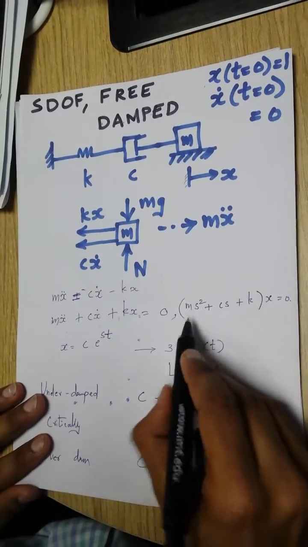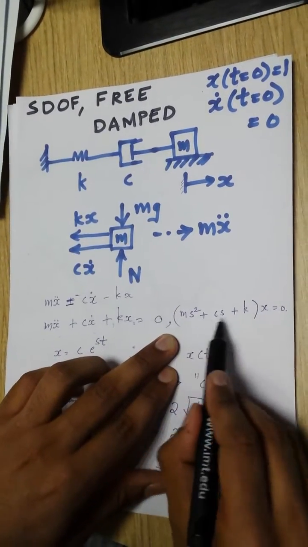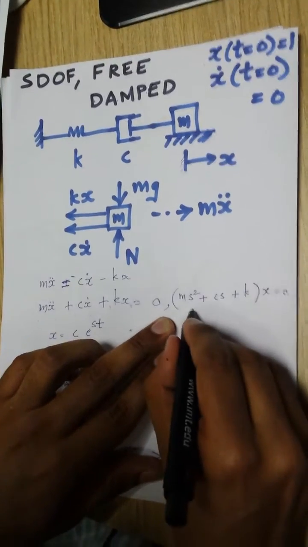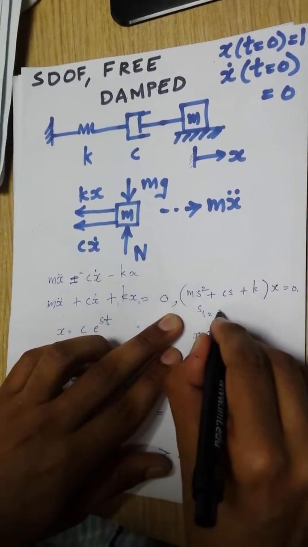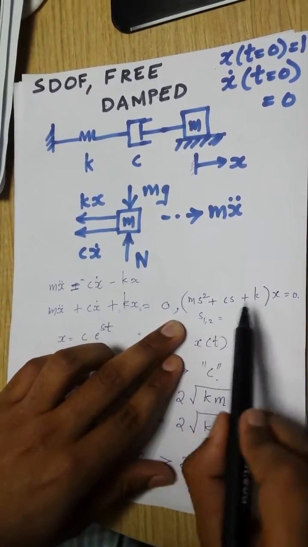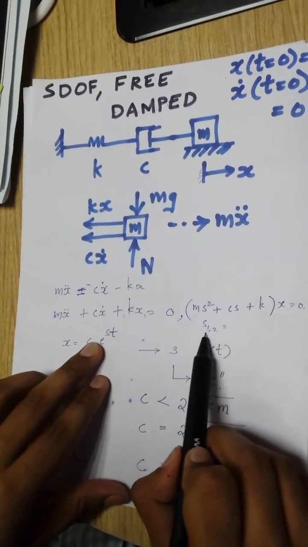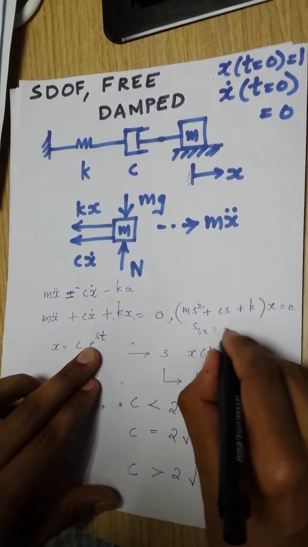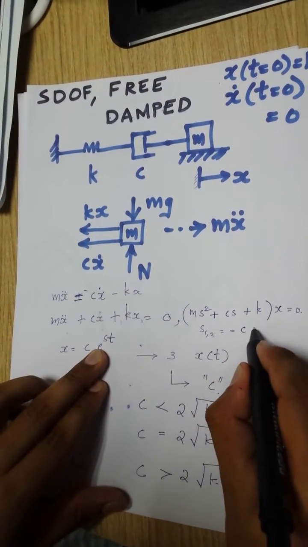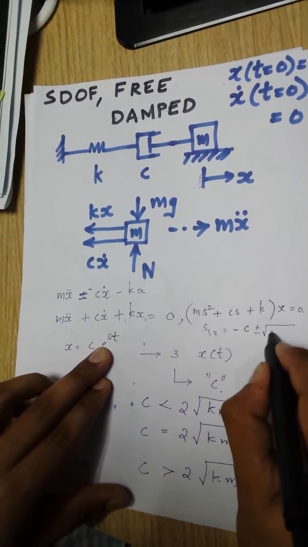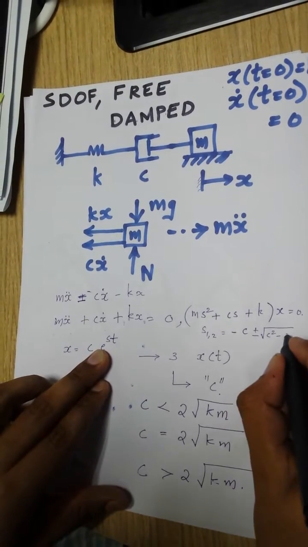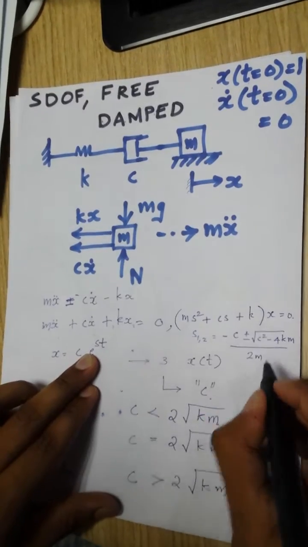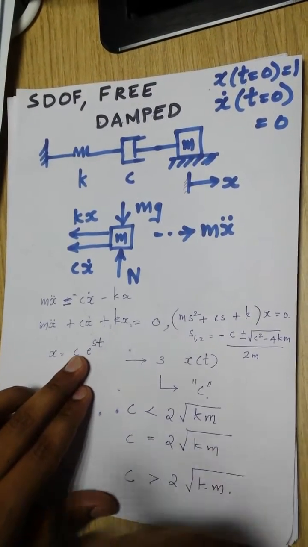Again, from the study of linear differential equations, we know that there will be two possible values of s, since this is a quadratic equation. It will be given by s equals minus c plus or minus root of c square minus 4 k m, divided by 2 m. I hope you all remember these equations.